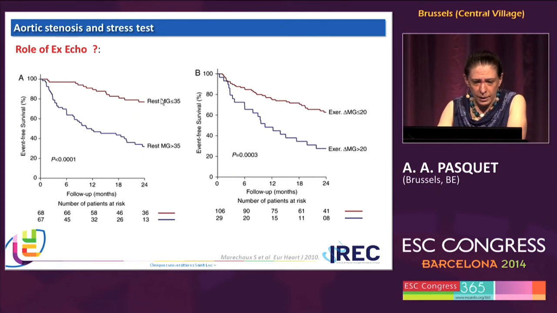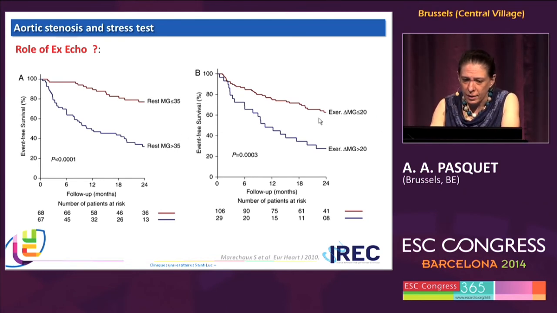So at rest, we can say the same. If you have a mean gradient below 35, you have a good prognosis. Above, you have a poor prognosis. And you can find exactly the same with the exercise difference in gradient. If the difference in mean gradient with exercise is above 20 millimeter of mercury, you have, of course, a worse prognosis.